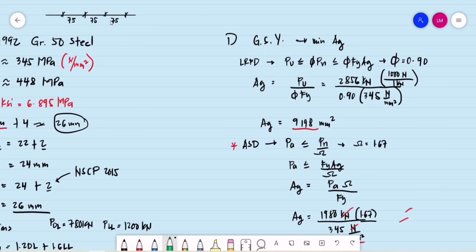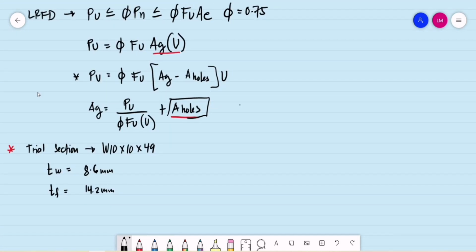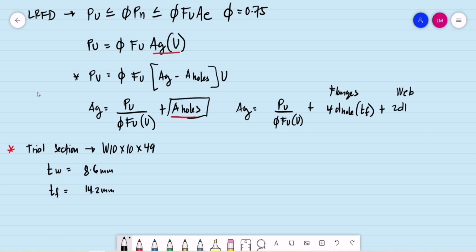If we write that as an equation, the gross area is equal to Pu divided by phi Fu times the shear lag factor, plus 4 times the diameter of the hole multiplied by the thickness of the flange, plus 2 times the diameter of the hole multiplied by the thickness of the web.